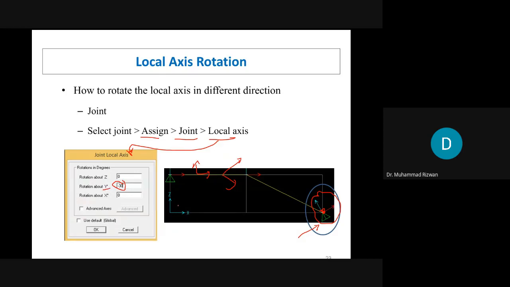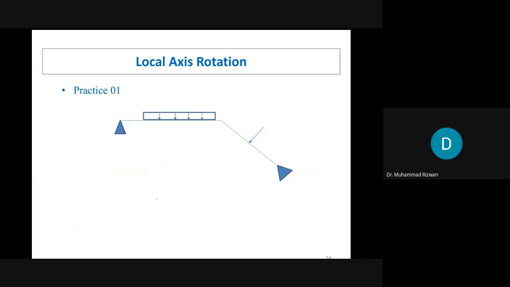This is x, this is z, and the y is into the plane, so the moment will be about y. That's why they give you this. Negative and positive is to rotate the joint node or the restraint orientation clockwise or anti-clockwise. So last time I gave this assignment.